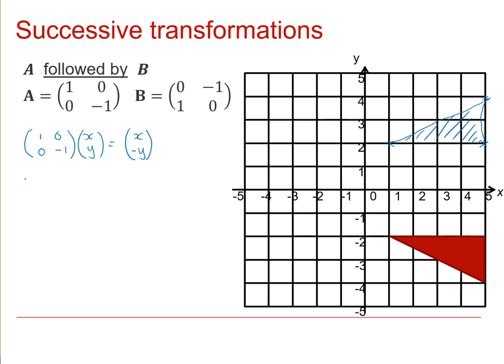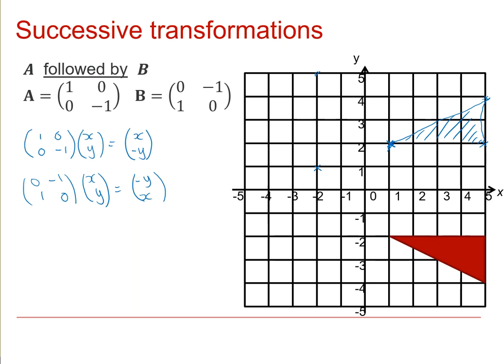I'm going to follow this then by transformation B. And again, looking at a general point, this will become (minus y, x). So the point 1, 2 goes to minus 2, 1.